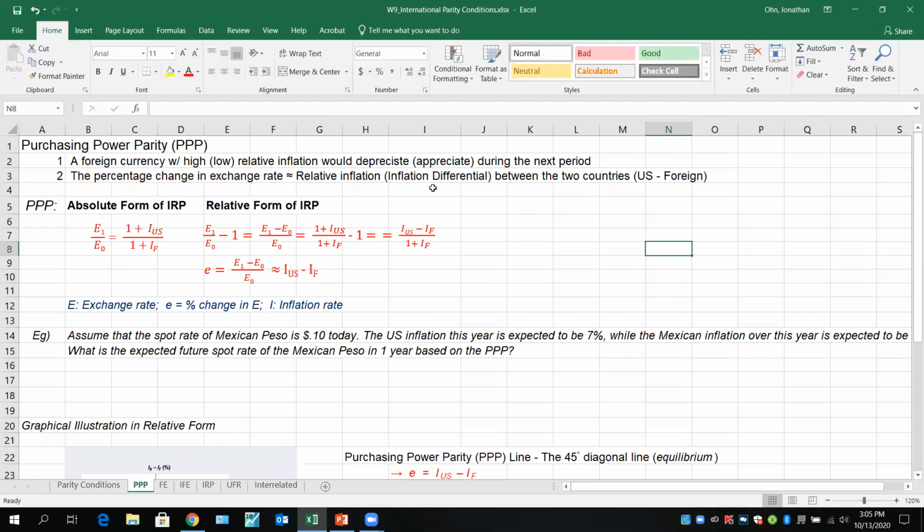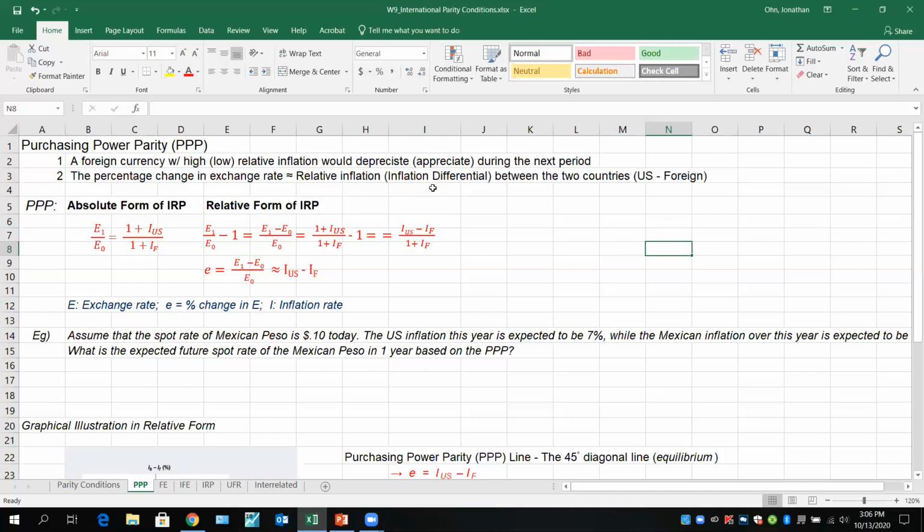The key idea is a foreign currency with high relative inflation would depreciate during the next period, or a foreign currency with low relative inflation would appreciate in the next period. That is the key idea, or that's the complete idea. The second one is the short relative form.